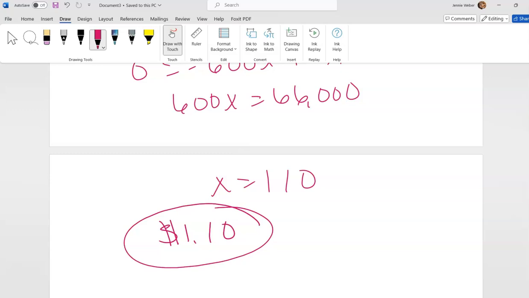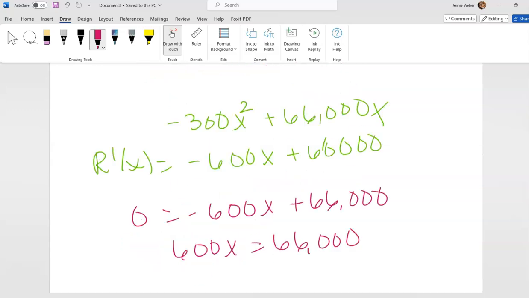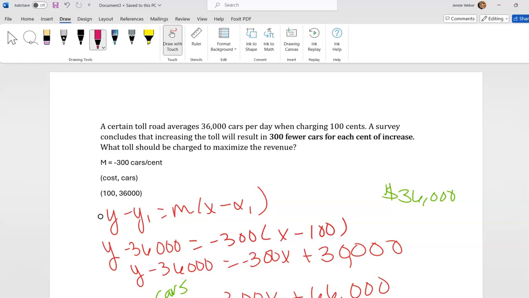Now I could go back and find out how many cars that is, and I could find out the cost if I so choose. In this case, they just asked what we should charge, but you could then go back and find the rest of the pieces if you were asked. Some problems ask for everything, some only ask for a specific one. Make sure you're answering the question they asked. I always go back and ask, okay, what was my question?